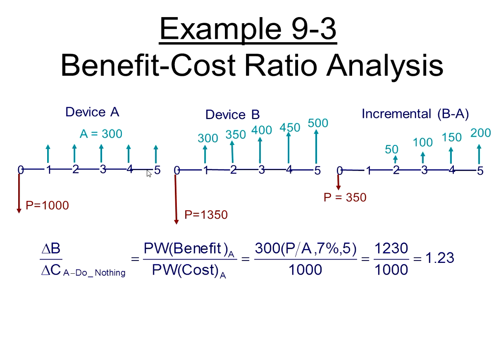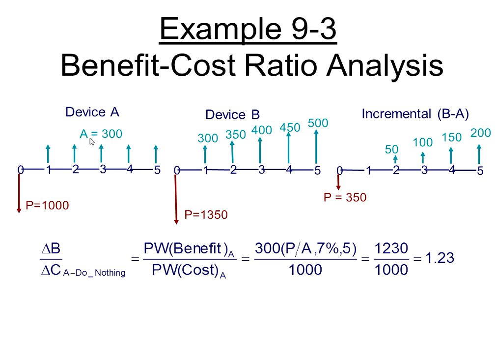There are five of them, they're all the same, 300, 300, 300, 300, five times we have this 300. So to find the present worth of this uniform series, we multiply this 300, which is the A value. We want to find its P, right?